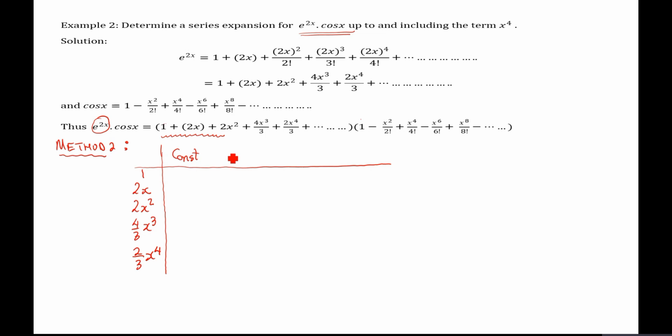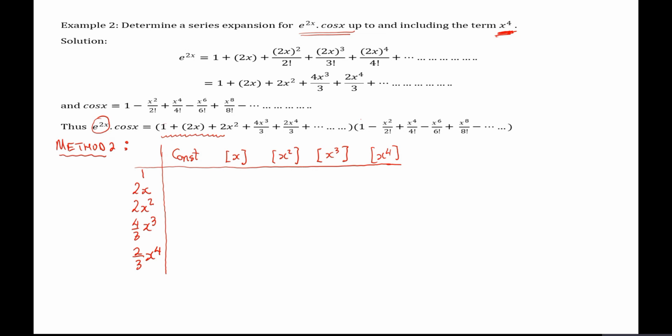It must contain a term with x, it must contain a term with x squared, with x cubed. So where do I stop? I will stop at the term containing x to the power 4.